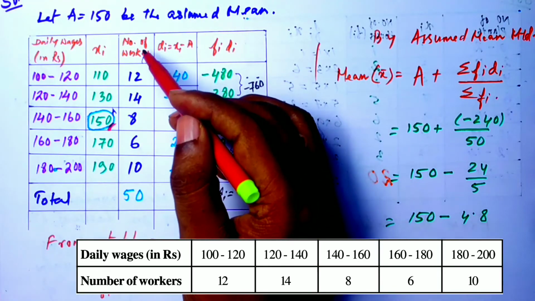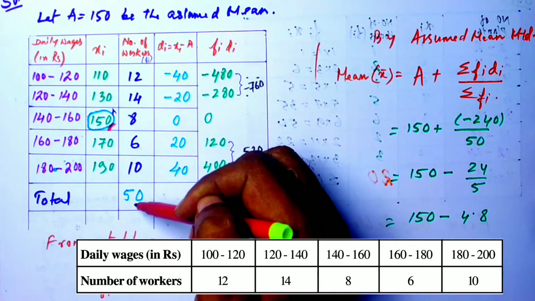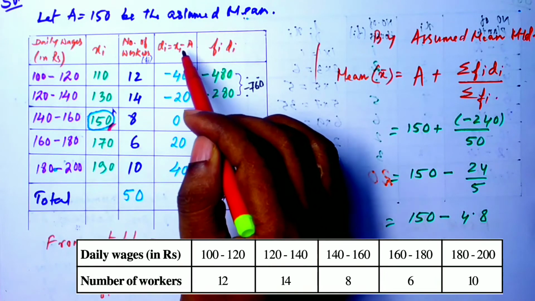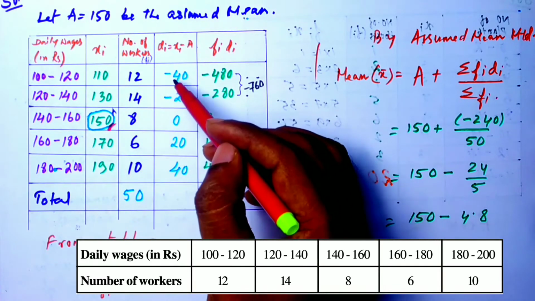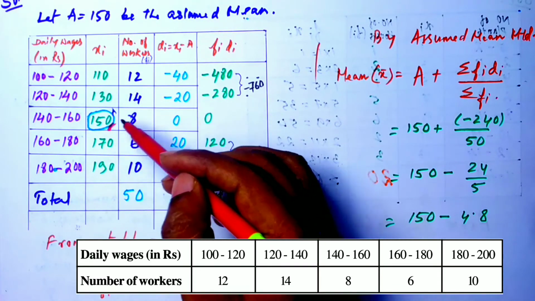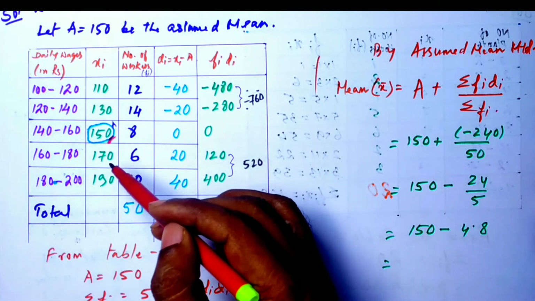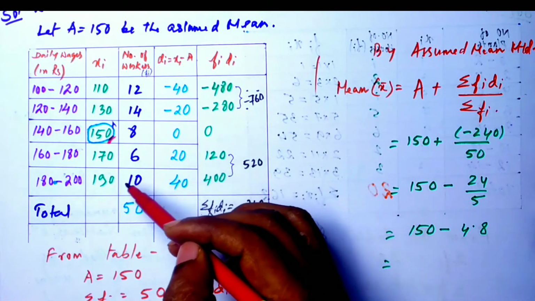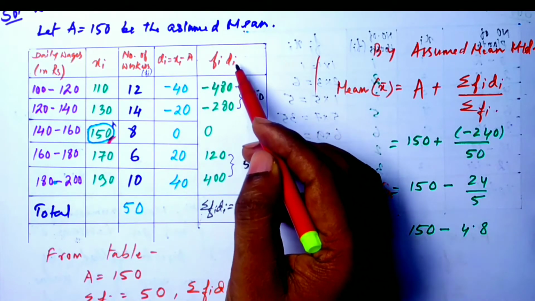And we have written the number of workers as 12, 14, 8, 6, 10. The total is 50. And we found di equal to xi minus a. So 110 minus 150 is minus 40. 130 minus 150 is minus 20. 150 minus 150 is 0. 170 minus 150 is 20. 190 minus 150 is 40. Now we multiply fi di.